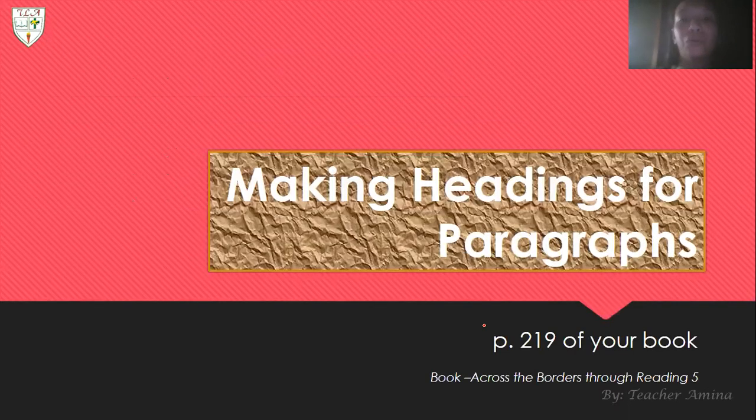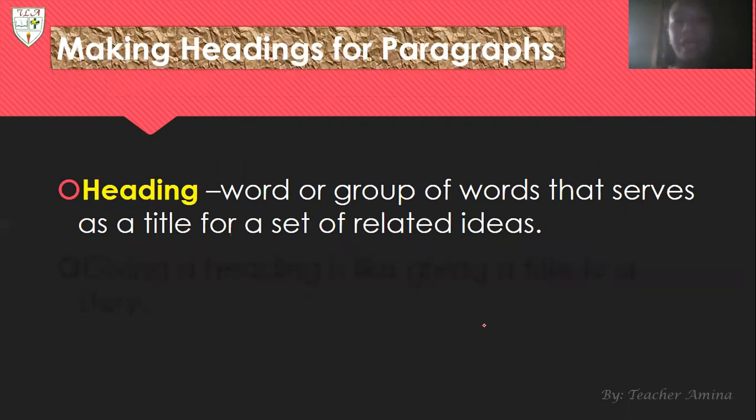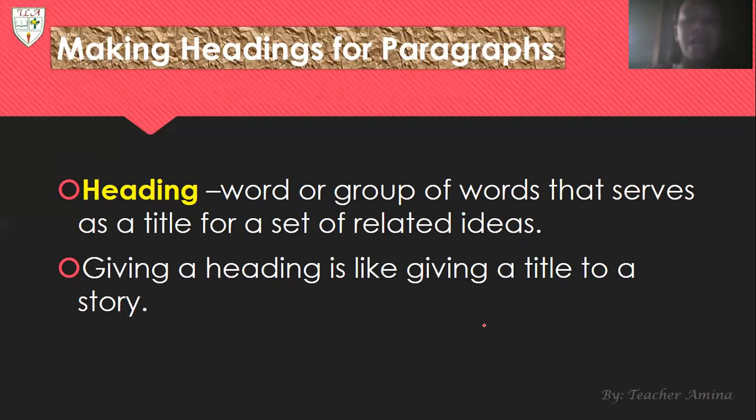Our next lesson for today is about making headings for paragraphs. What is a heading? It's a word or group of words that serves as a title for a set of related ideas. Giving a heading is like giving a title to a story.